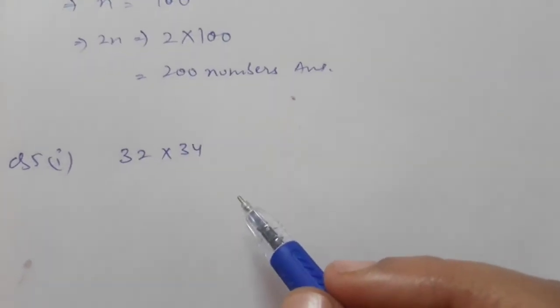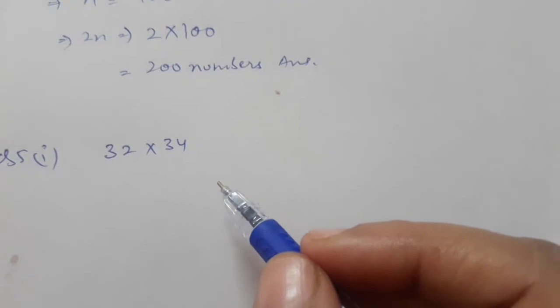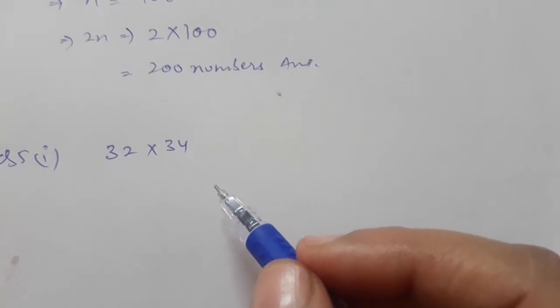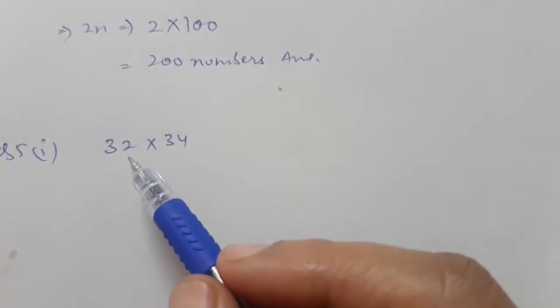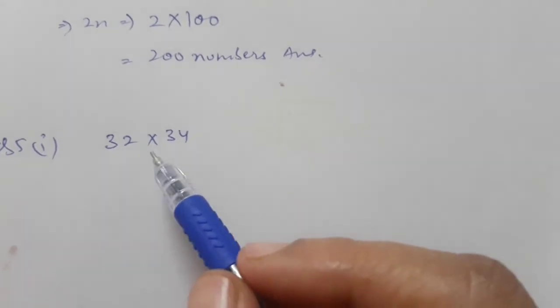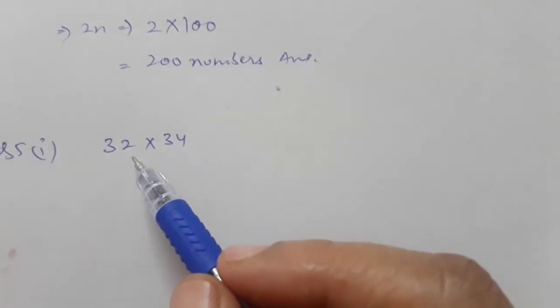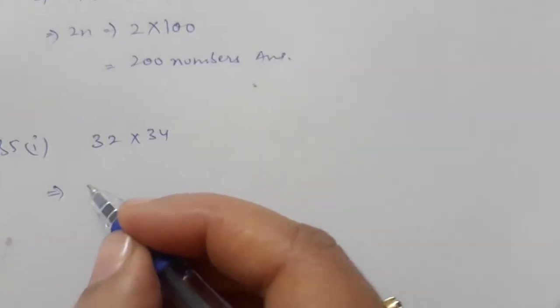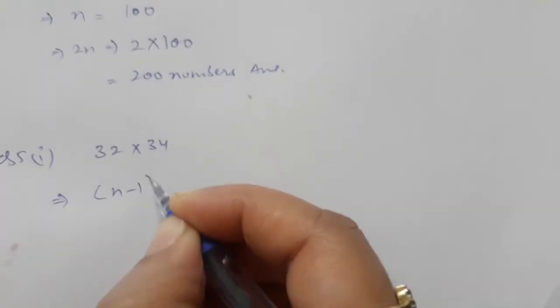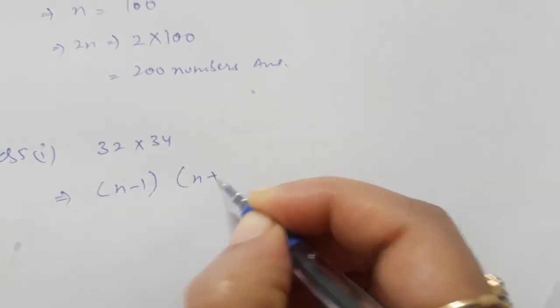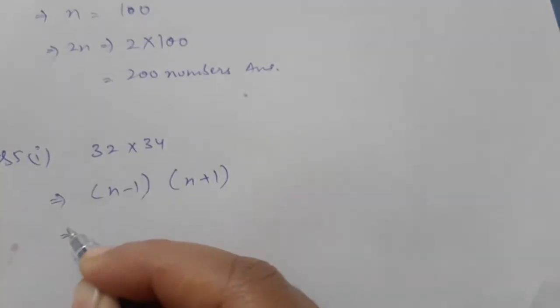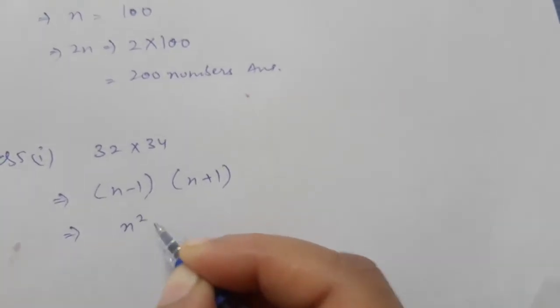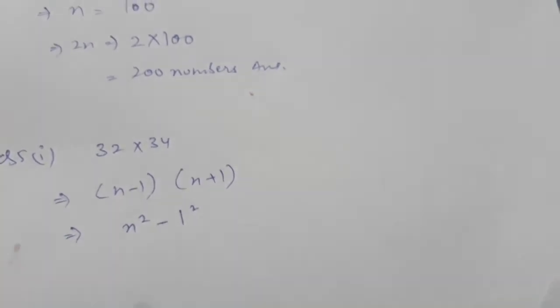To solve it, we first have to find the number n itself, as it is not given to us. So what formula do we follow? (n minus 1)(n plus 1) is equal to n square minus 1 square.